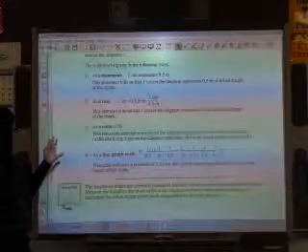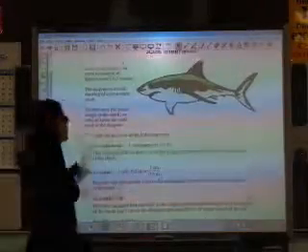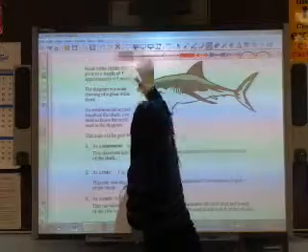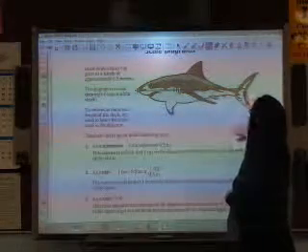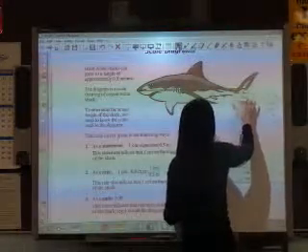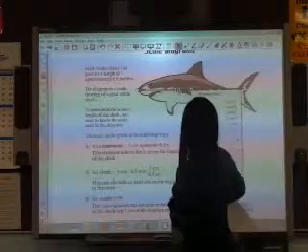So, the lengths of sharks are generally measured from the tip of the nose to the middle of the tail. I want to change the color so we can see.